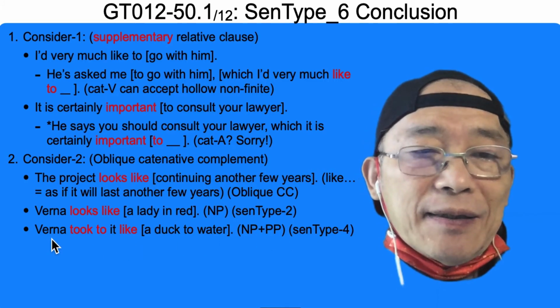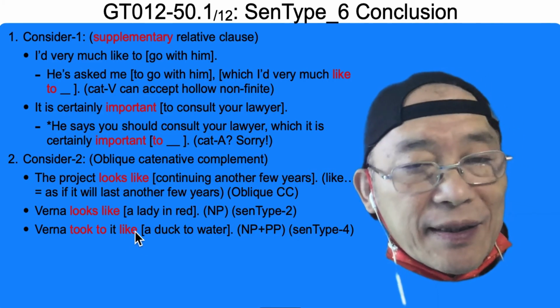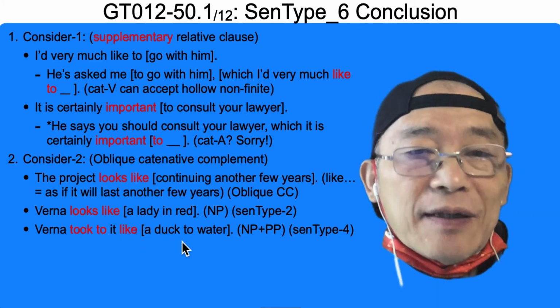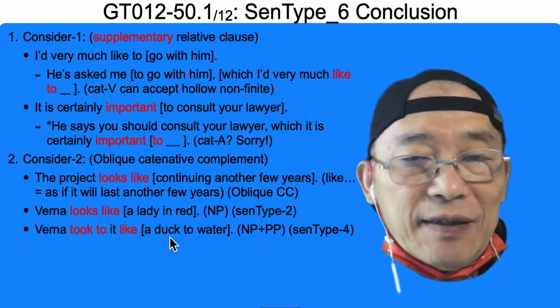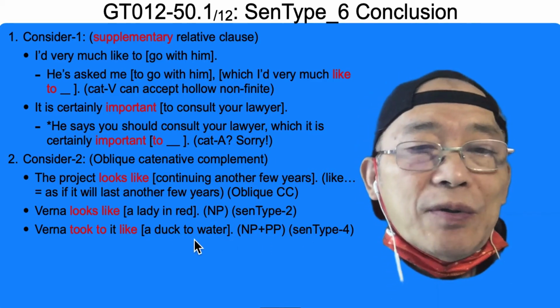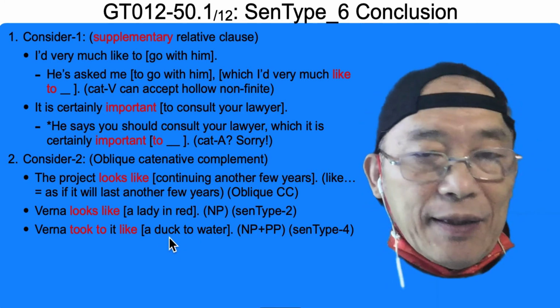So Werner versus it is like this versus this. So this versus this, two constituents, two elements, or two things.